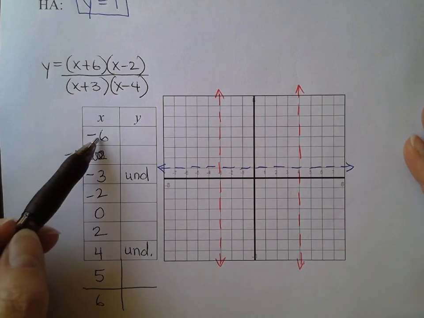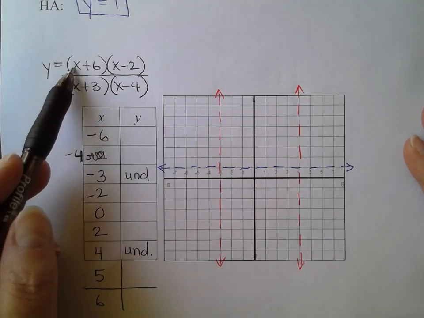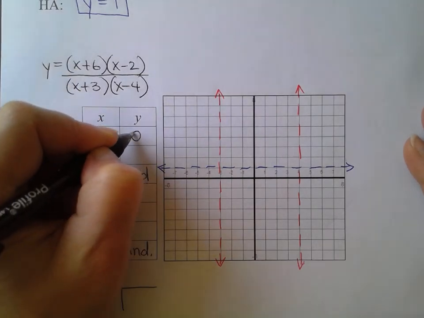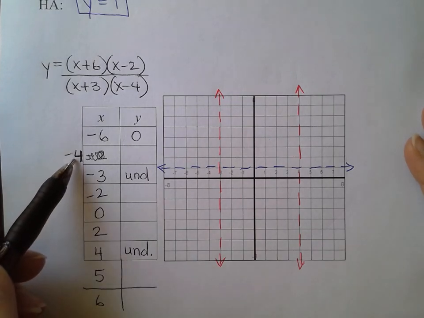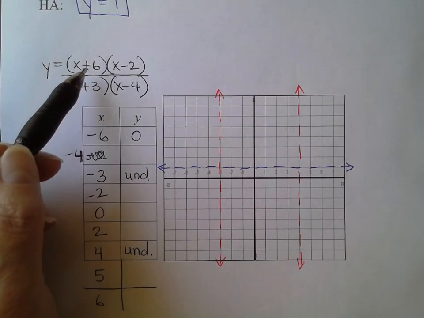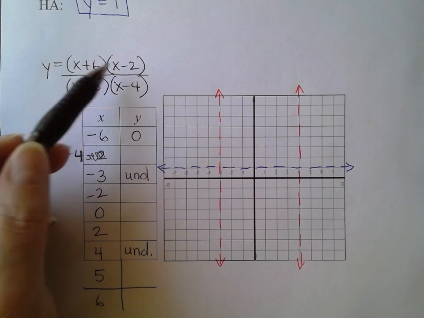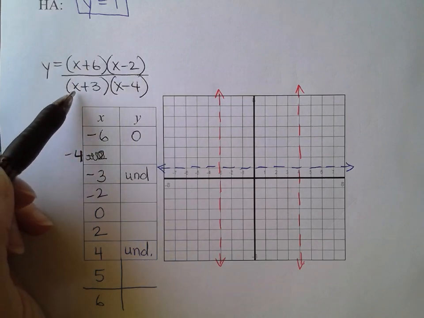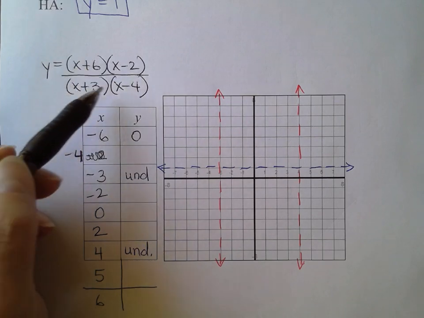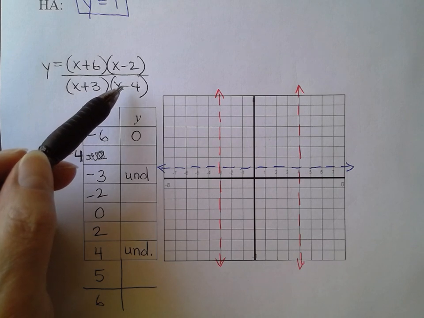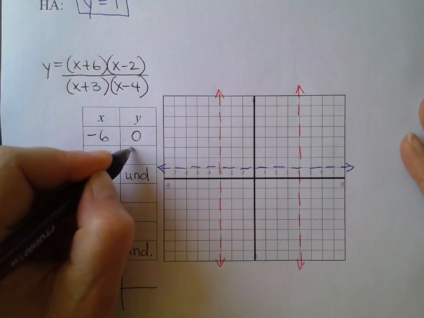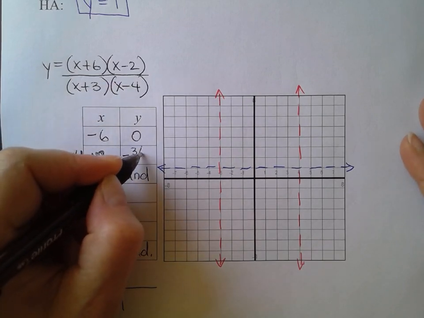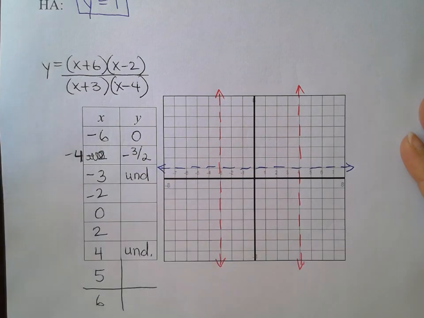-6, because it makes this 0, is going to make the whole fraction equal to 0. If I plug in -4, I'm going to have 2 times -6, so that's -12 over -1 times -8. So 8. So 12 over 8 would be -3/2, 1.5.